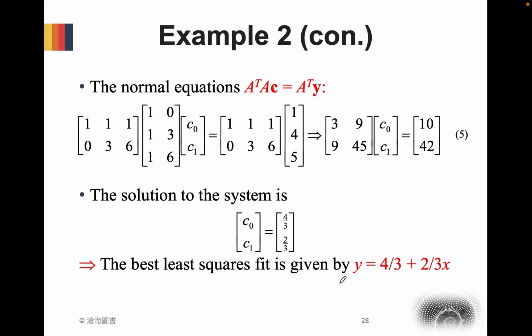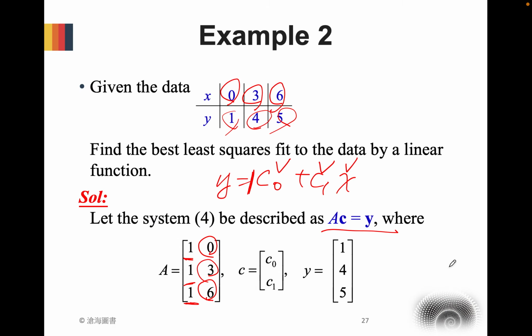So the corresponding equation for the straight line is y equals 4 divided by 3 plus 2 divided by 3 times x. So this is the equation of the straight line that best describes the distribution of this table of data.